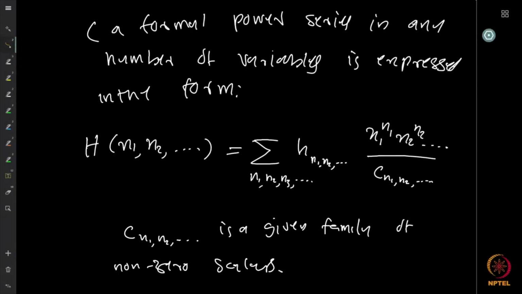Now, a formal power series in any number of variables can be expressed as follows. You can talk about formal power series in one variable, two variables, or infinitely many variables. If you have infinitely many variables, you can define it as follows: H of x1, x2, etc., is the summation over all tuples n1, n2, n3, etc., of x1 raised to n1, x2 raised to n2, etc., for that same tuple, divided by c of n1, n2, etc., where this c is a given family of non-zero scalars.